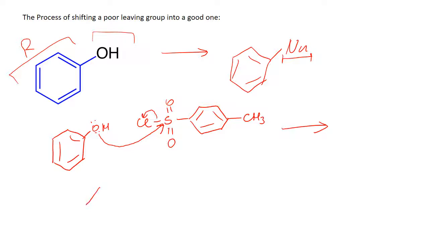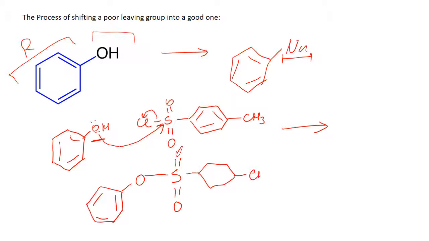Our benzene ring here, now attached to oxygen, this oxygen right here, which is now attached to S double bond O, benzene ring, CH3.